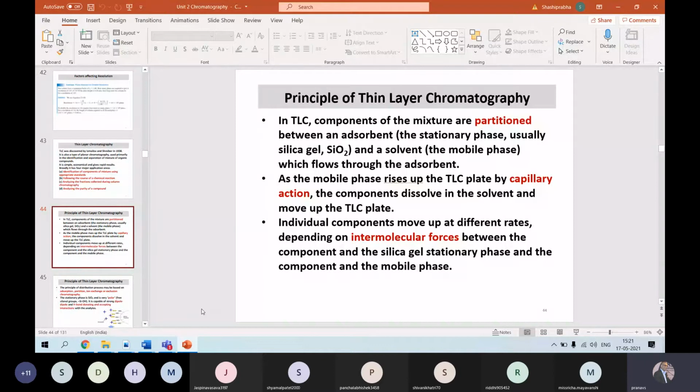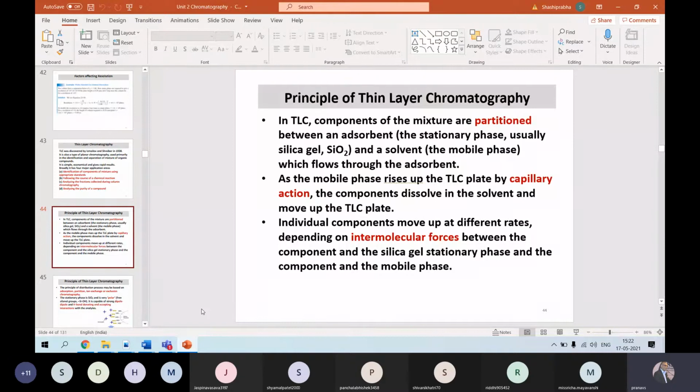There is a very big difference between thin layer chromatography and column chromatography, because both have silica as the stationary phase, but one works against the gravity. The components move up against the gravity, but in column chromatography they come down with the gravity. So there is a very striking difference in how the mobile phase moves: in one case from bottom to top, and in the other from top to bottom.